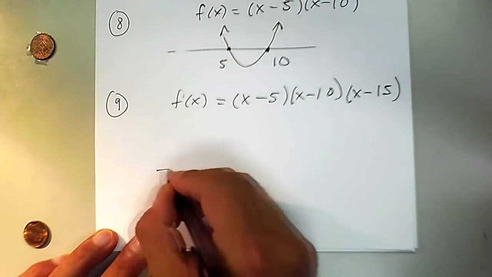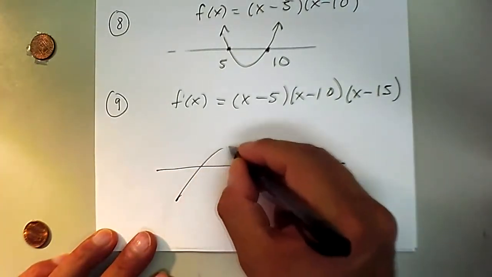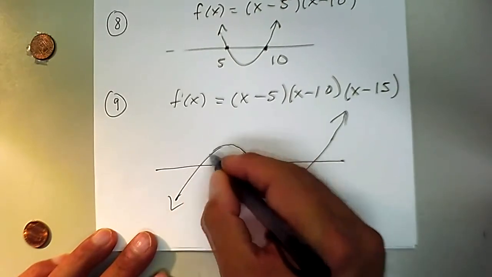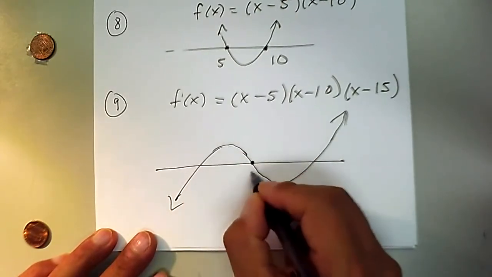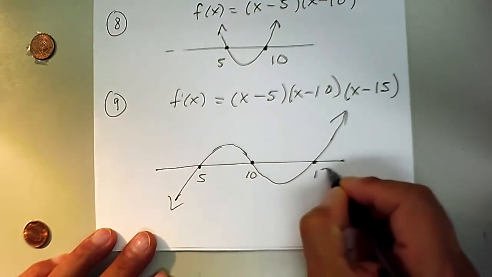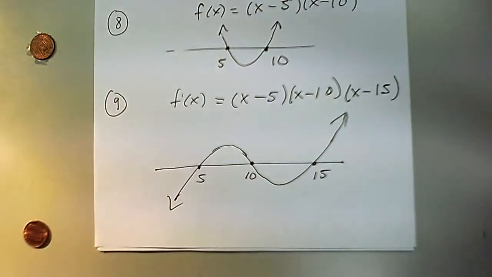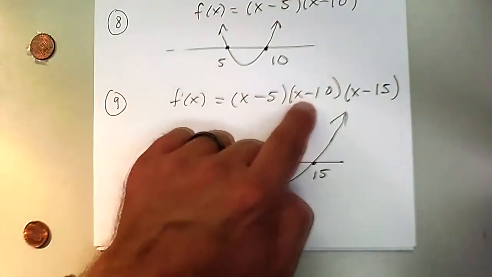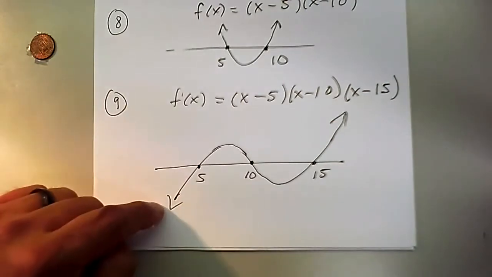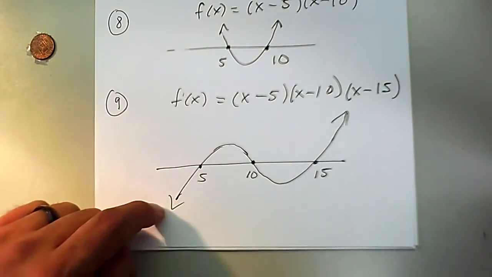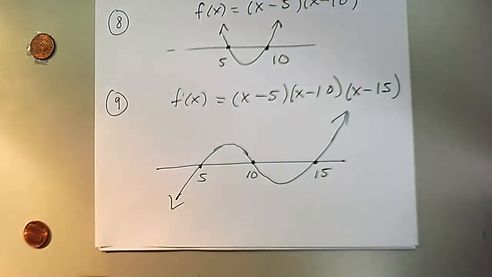So the graph will be through the 5, through the 10, through the 15. Okay, we got 3 zeros, each one of multiplicity 1. And the end behavior on the right is up. The end behavior on the left is down.